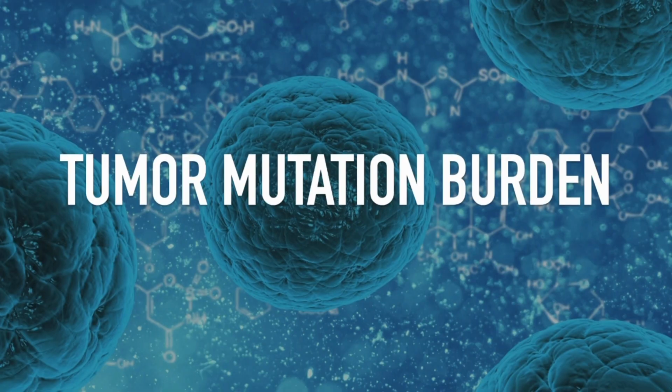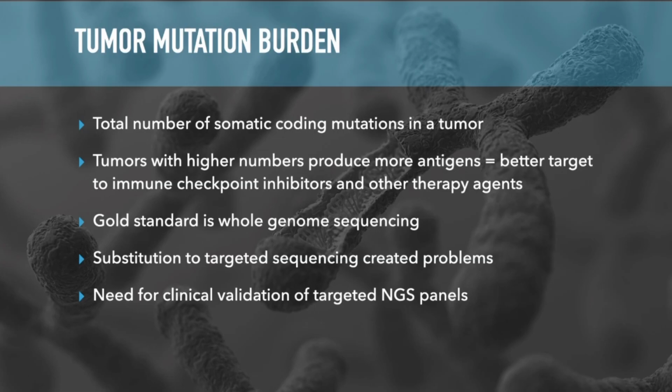In terms of tumor mutation burden, basically it's the total number of somatic coding mutations in a tumor. A tumor with a higher number produces more antigens, better target to immune checkpoint inhibitors. And the gold standard is the whole genome sequencing, not targeted NGS. And it's substituted by targeted sequencing.